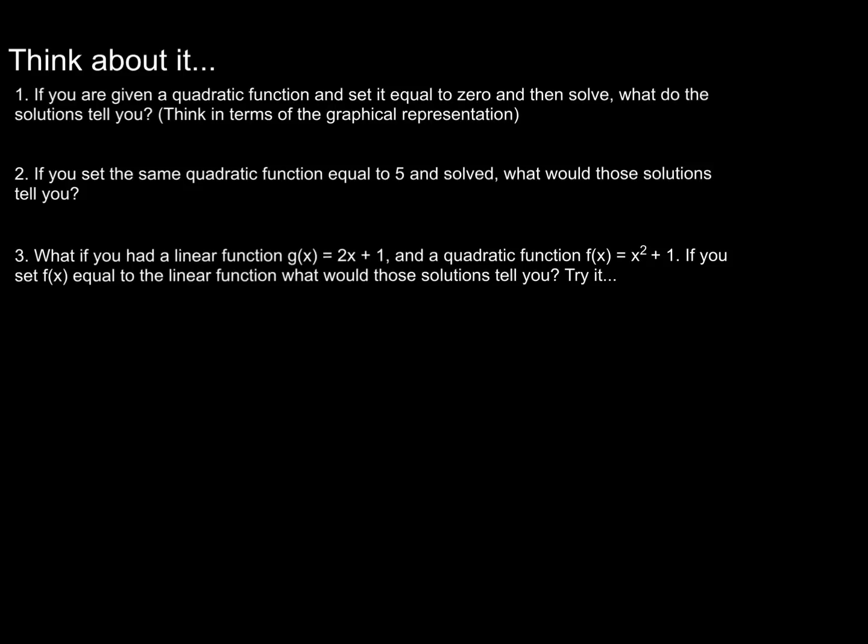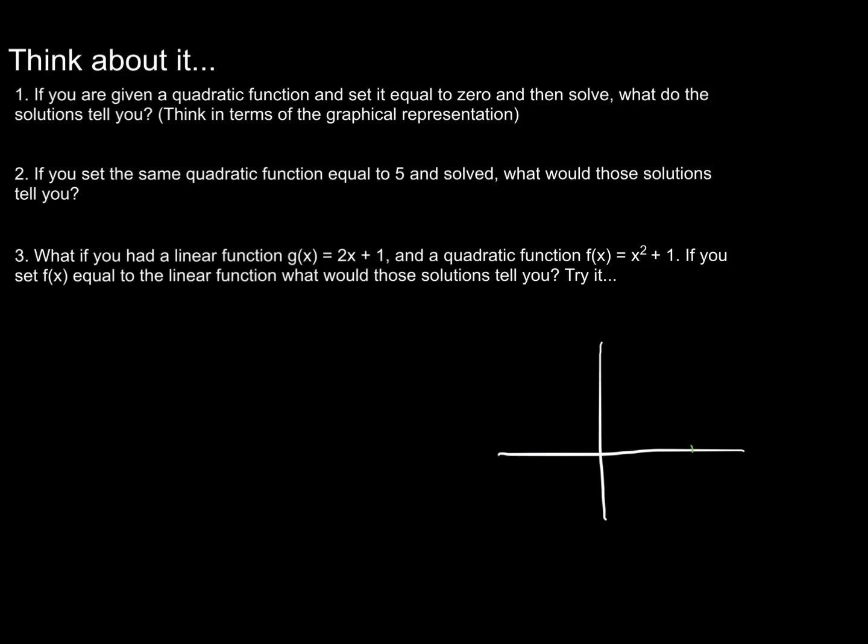Okay, so the first question says, if you're given a quadratic function and you set it equal to 0 and then solve, what do the solutions tell you? Graphically, if we're looking at our xy axis, the solutions are the x values for which my quadratic function intersects the x-axis, right?